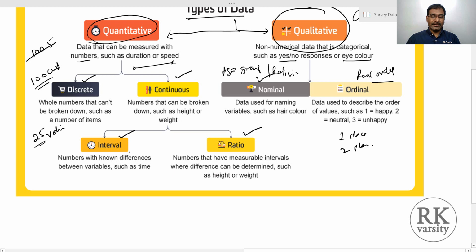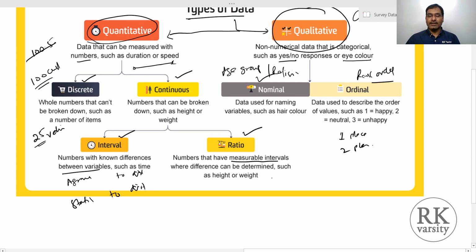In case of an interval scale, there are differences between variables, where we use questionnaires in interval scale, like disagreement to agreement, or satisfaction to dissatisfaction. And your ratio scale measures intervals where the differences can be determined, such as height or weight.